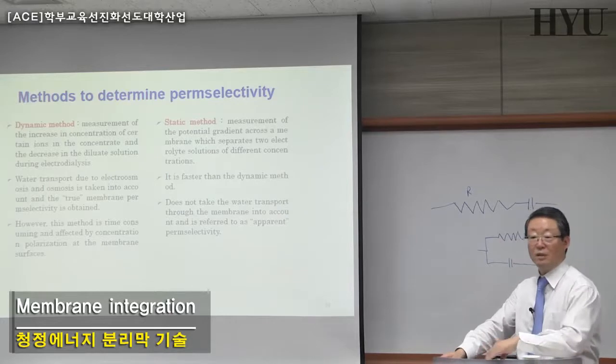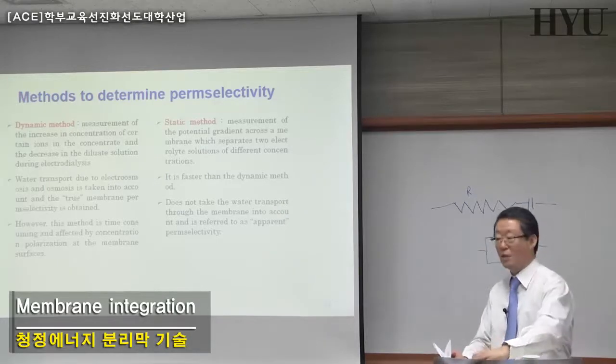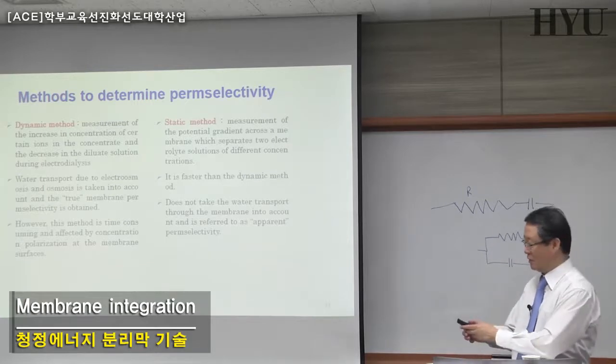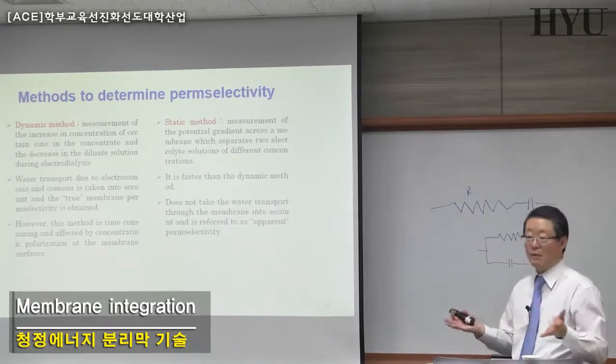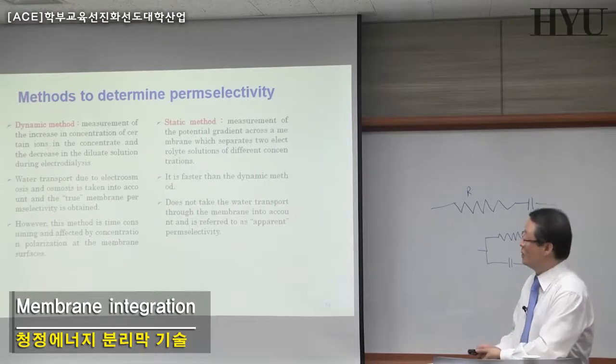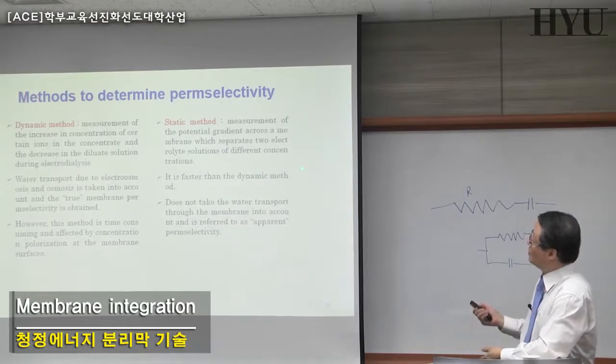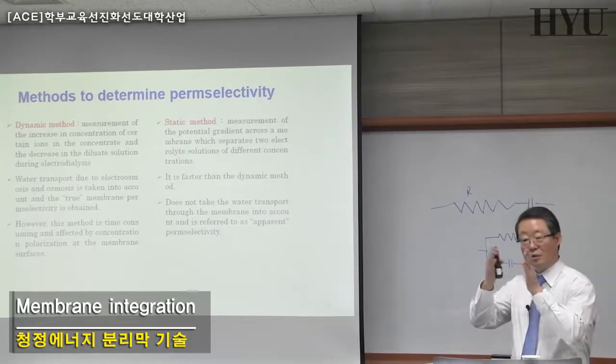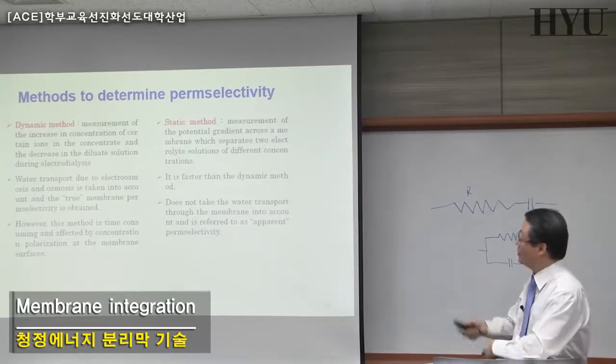Permselectivity can be determined by the dynamic way or the static way. Dynamic or static method is the same as what you can imagine. The static method is the measurement of the potential gradient across the membrane in a closed chamber, so you have static rates.